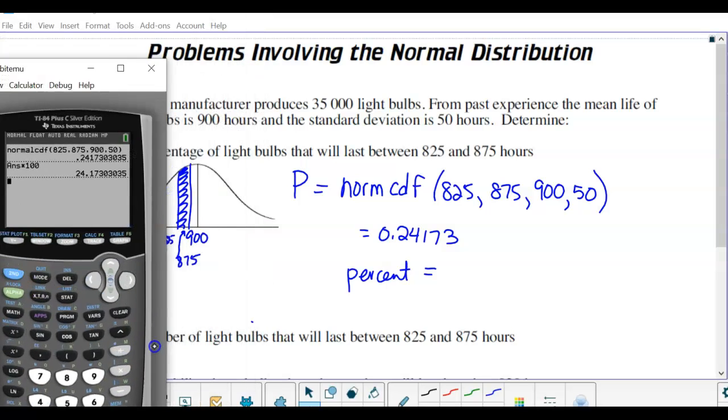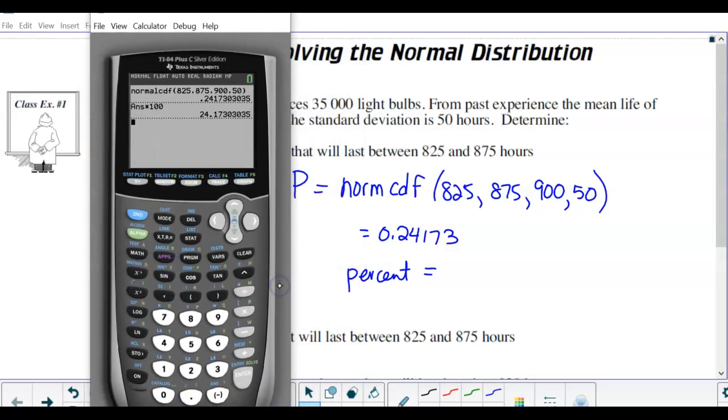Did it say what to round to? It didn't say what to round to. Let's go to one decimal place. So no converting to z-scores. Just use the values that are given.